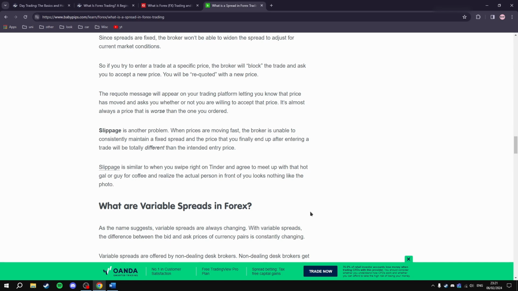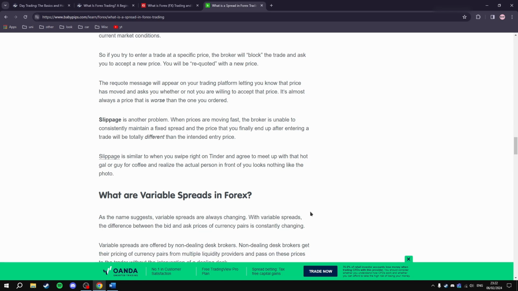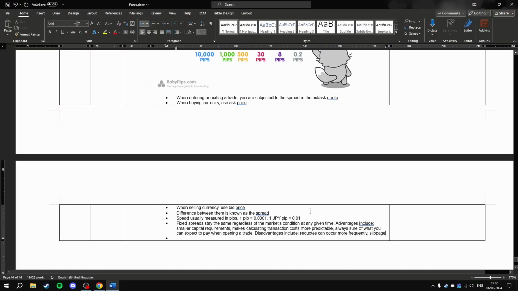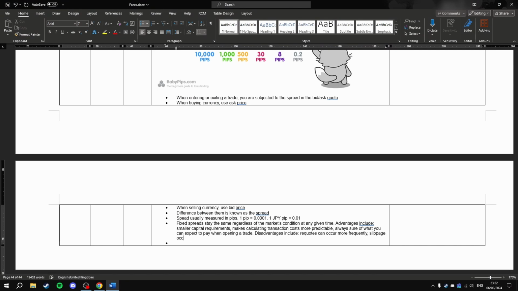Slippage is similar to when you swipe right on Tinder and agree to meet up with that hot gal or guy for coffee, and realise that the actual person in front of you looks nothing like the photo. Oof.